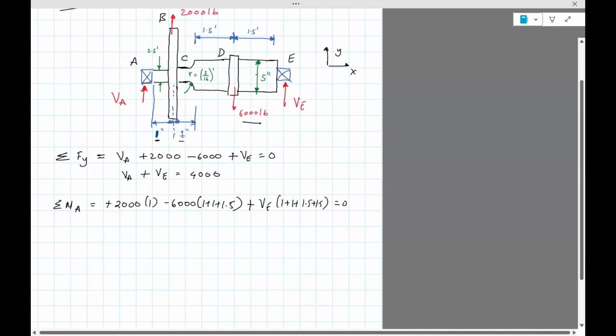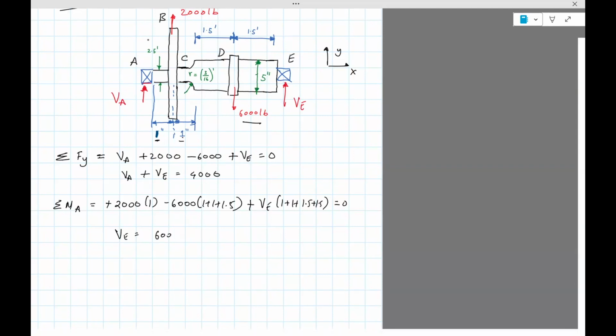Okay, so VE equals (6000 times 3.5 minus 2000) divided by 5. That's 3800 lbf.